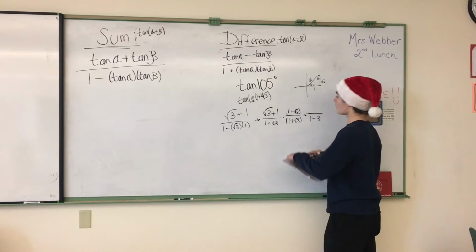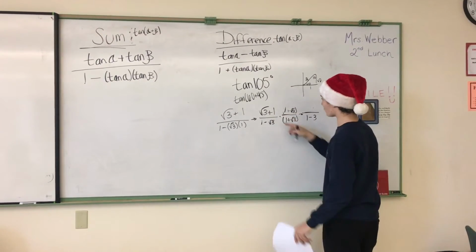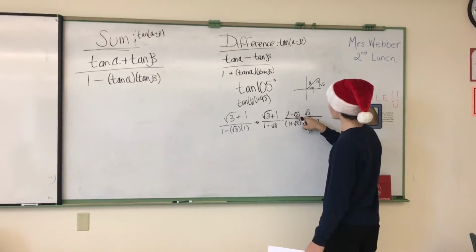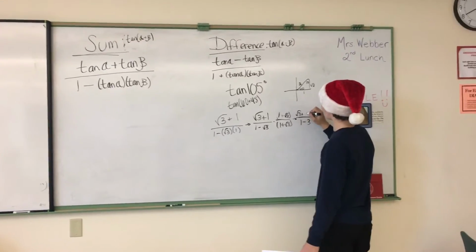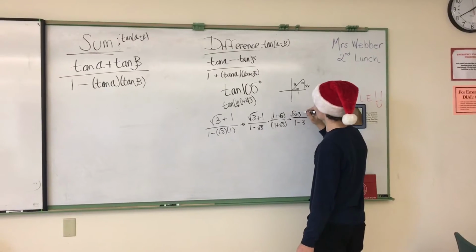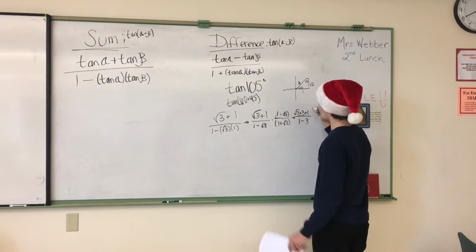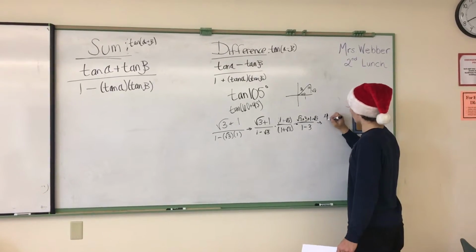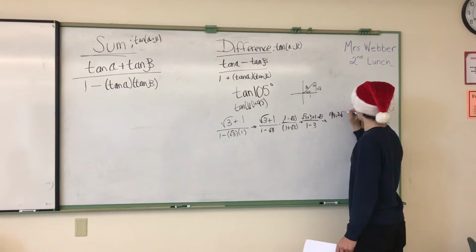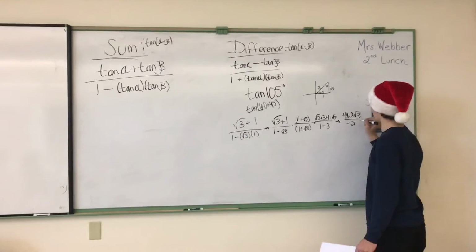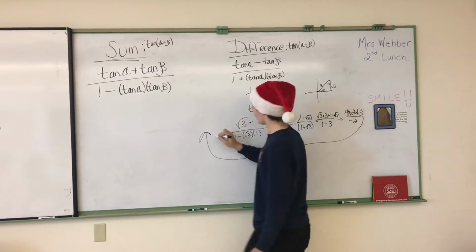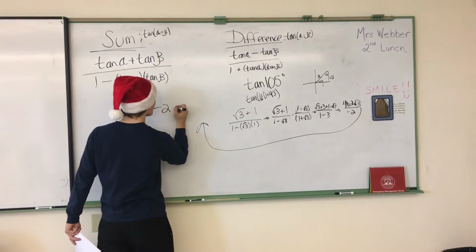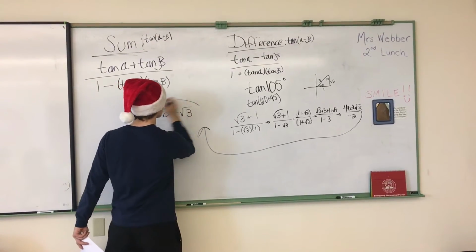But on the top, you have to FOIL it out. So you take the first one, it's root 3, and then times the last one is 3, and then you take 1 times 1 is 1, and 1 times root 3 is root 3. So you end up with 4 plus 2 root 3 all over negative 2. We're going to come over here, and your final answer is going to be negative 2 minus root 3.